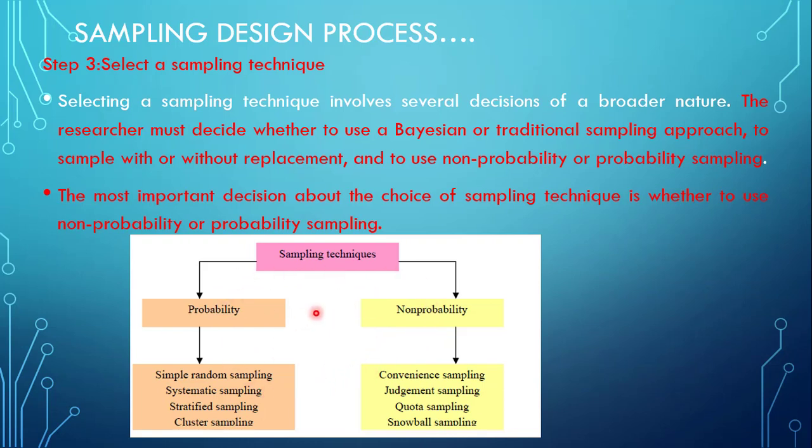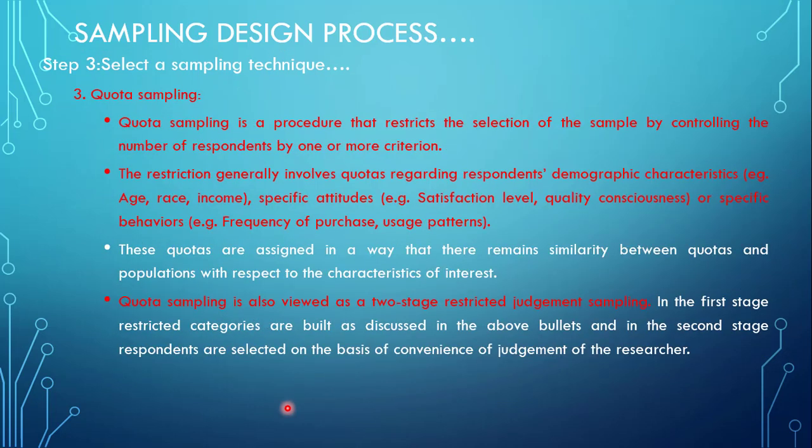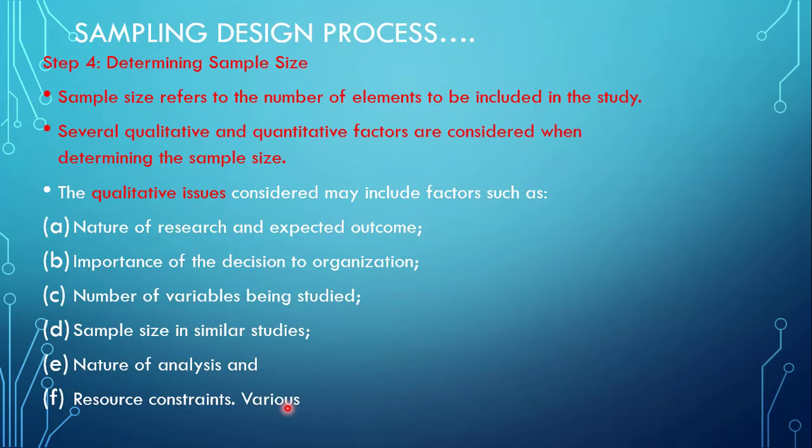So the third step, after selecting the sample, after picking from the samples, you are going to determine the sample size, how much to be drawn. Okay, I'll come back to this, but let's finish the steps first, and we'll discuss the differences. So the first step is determining the sample size. In determining the sample size, you have to consider two factors, the quantitative factors and the qualitative factors.